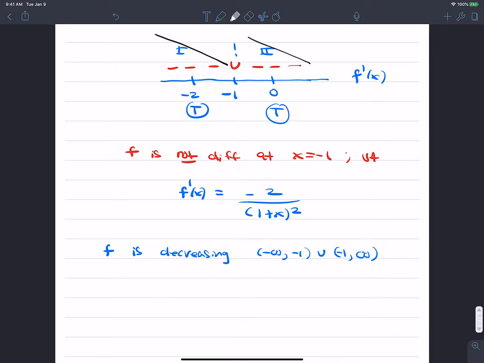So I want you guys to be very careful here. At -1, your derivative is undefined. Being undefined is exactly that, you're not defined. So the derivative is only negative in region 1 and region 2. In those two regions, you have a function that is decreasing.